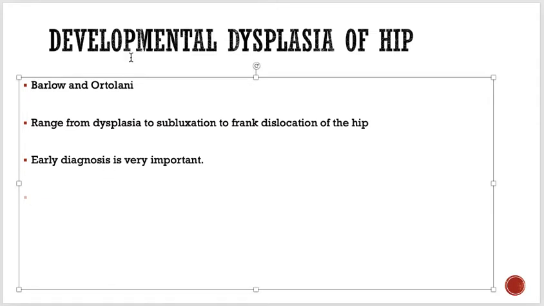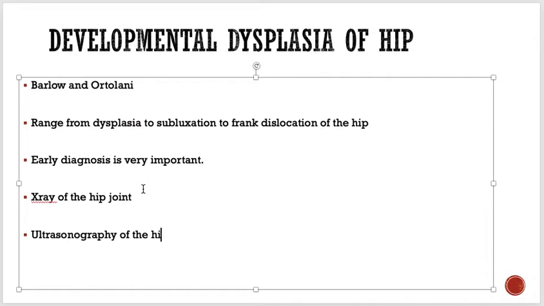Now what we can do, first of all, we can do this test, and if there is any suspicion of DDH, we can go for imaging. So for example, you can do x-ray of the hip joint. Whenever this DDH is suspected or diagnosed, we quickly send it to the specialist, and basically we can do x-ray of the hip joint, we can do ultrasonography of the hip of the baby.